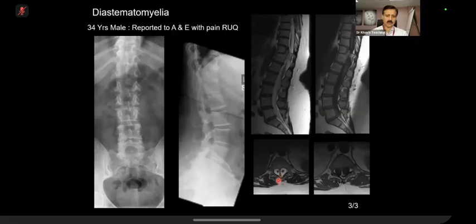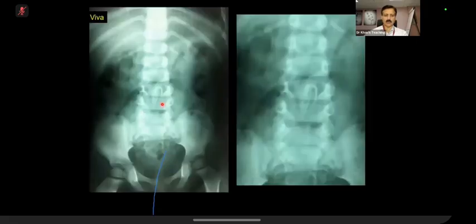So on this plain film, it's a struggle to pick it up. Maybe something is happening, but it's a bit of a stretch of imagination. If you see the interpedicular distance might be slightly widened, but it's a harsh one. Nobody is expecting you. But this one becomes a... just 1 second, let me stop annotations for everybody.